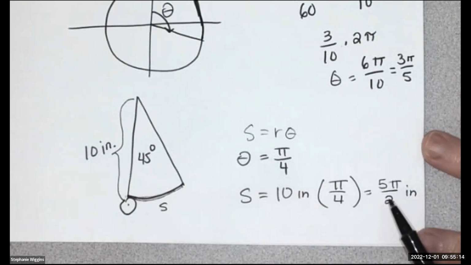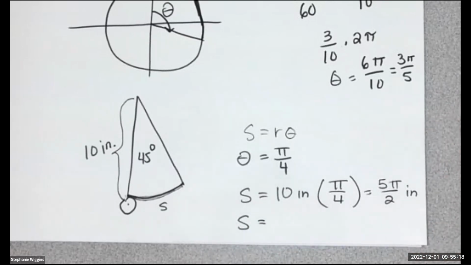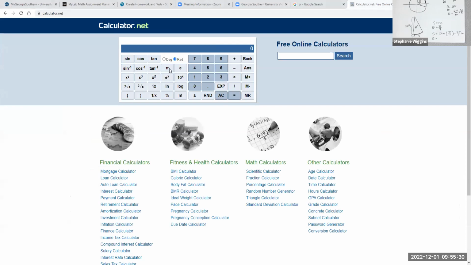Now they may want it in this format, or they may want you to actually calculate the inches. And so we can go to our calculator. A lot of times they'll give you 3.1416 for pi. And then you're going to multiply that by 5 and divide by 2.